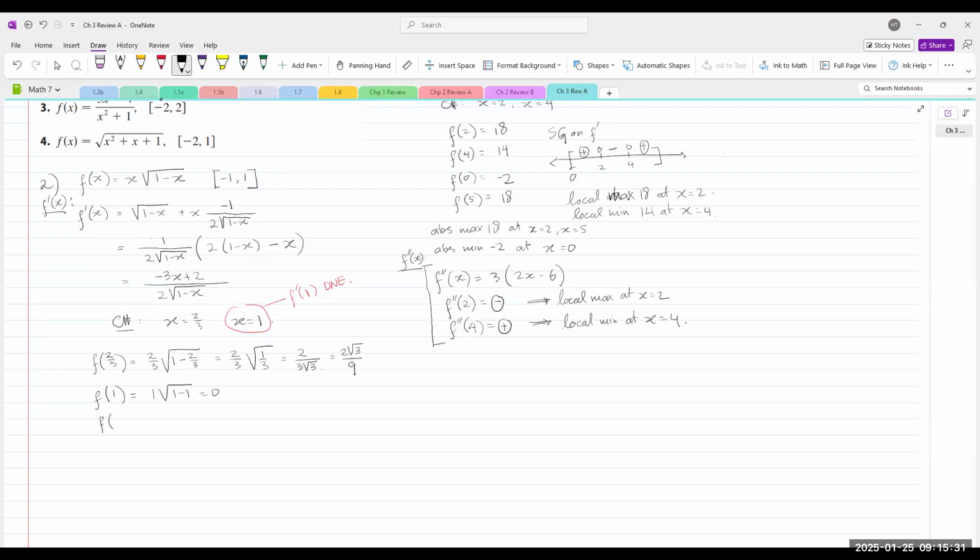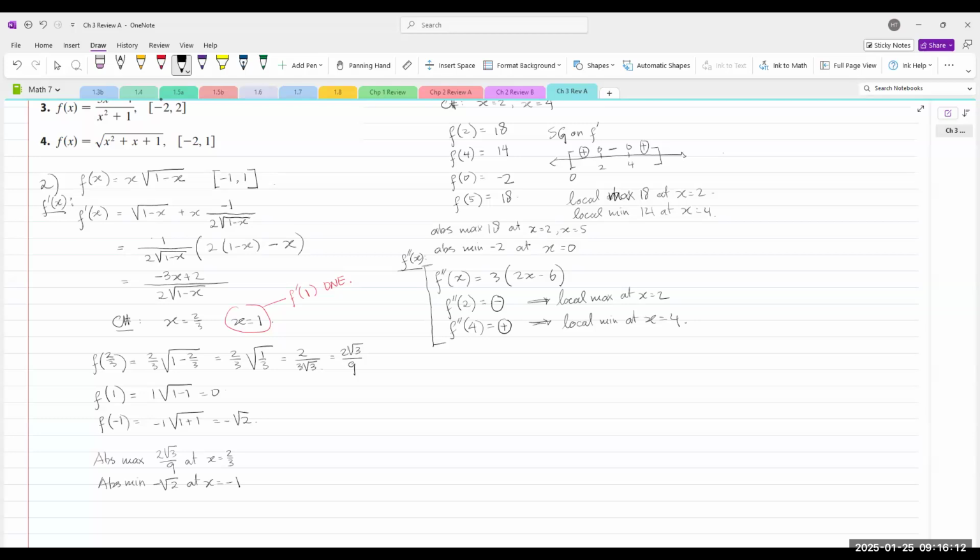And then f(-1) will be negative 1 times square root of 1 plus 1. That's negative square root of 2. So from there we see that the absolute maximum is 2 square root of 3 over 9 at x equals 2/3, and the absolute minimum at the endpoint is negative radical 2 at x equals negative 1.